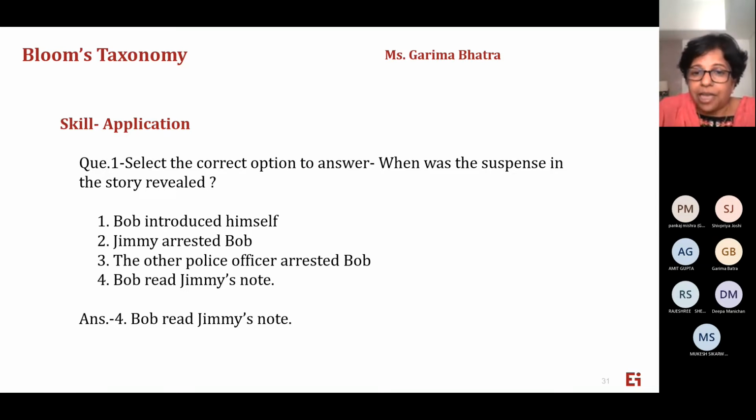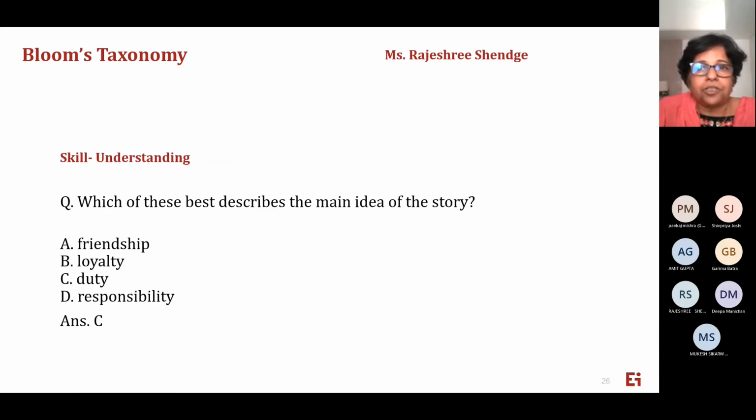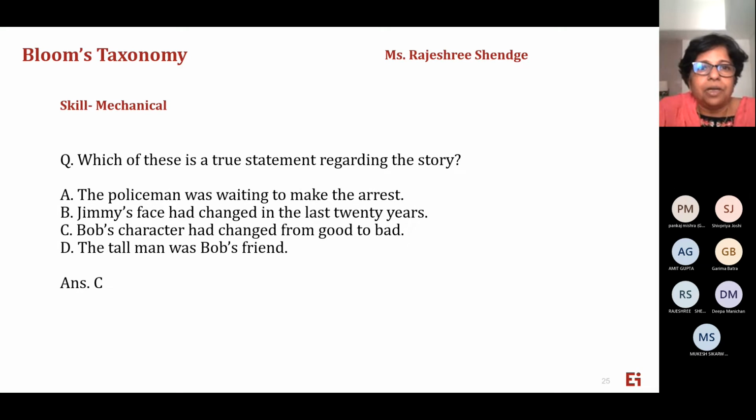The options can have an effect on this. For example, take Rajshri ma'am's question, which of these is a true statement? Two of them were recall level and two of them were understanding level. At this point, we can't say it is testing only recall. It is also testing understanding and doesn't go beyond that, so we say it is an understanding level question.